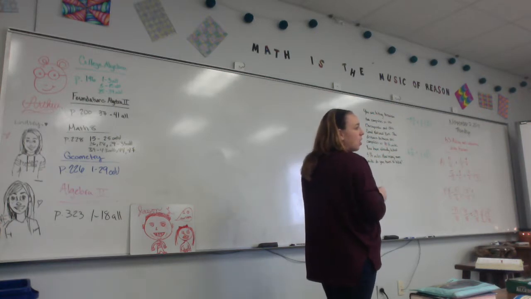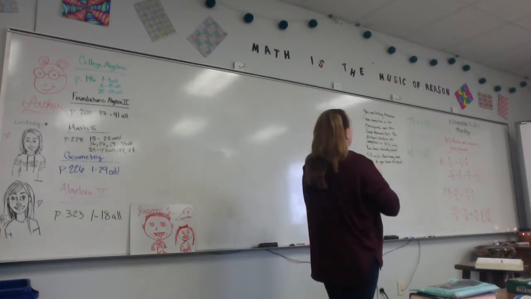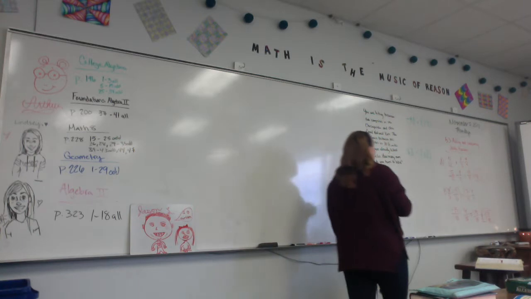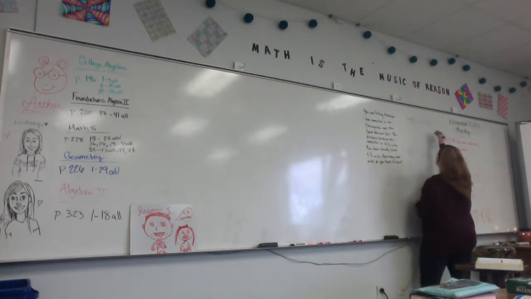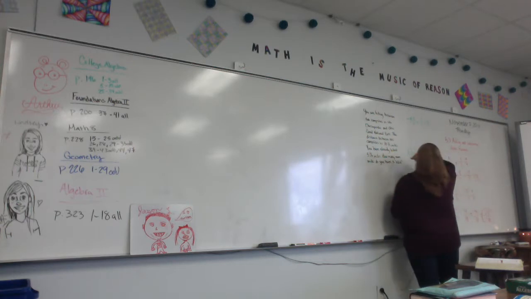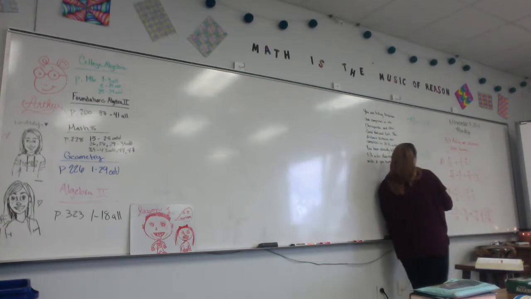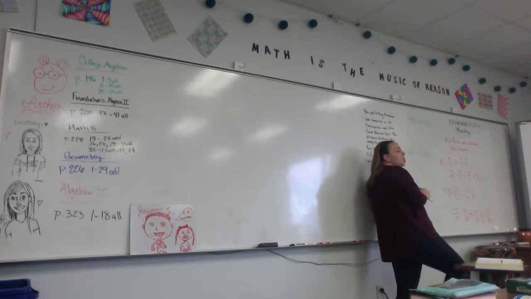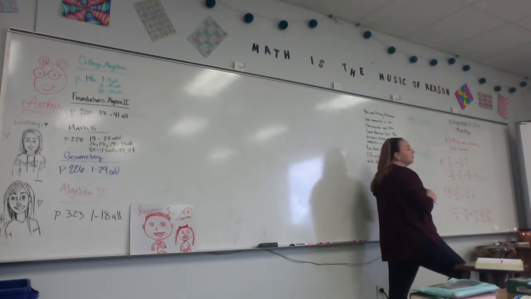Okay, you're right. Let's do what you said first. Let's change it to improper fractions. Then we'll change it to common denominators. Then we'll solve and reduce. Trust me, it will be less confusing.